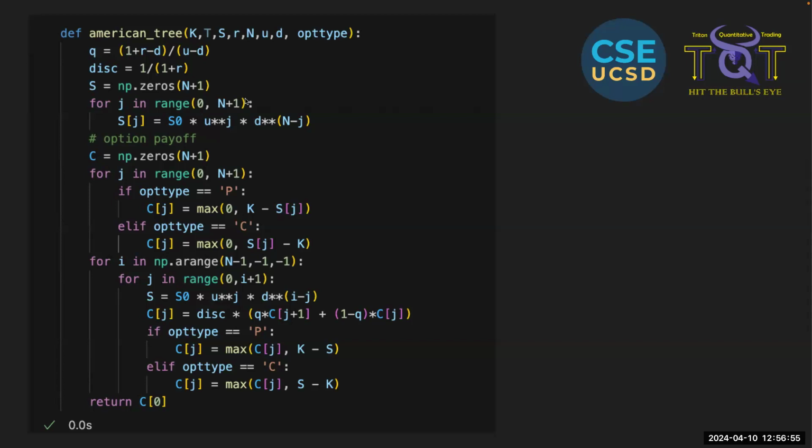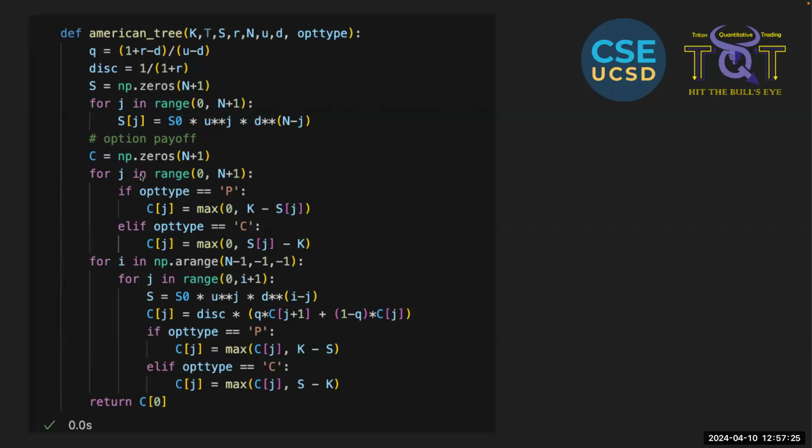So if our n is 2, then this loop would run 3 times because you have 0, 1, and 2. And then this Sj basically calculates the value of the stock at every node by doing the up factor into the current position in the tree and the down factor into the current position in the tree. So this is basically the ST tree that we created, which is the first tree.